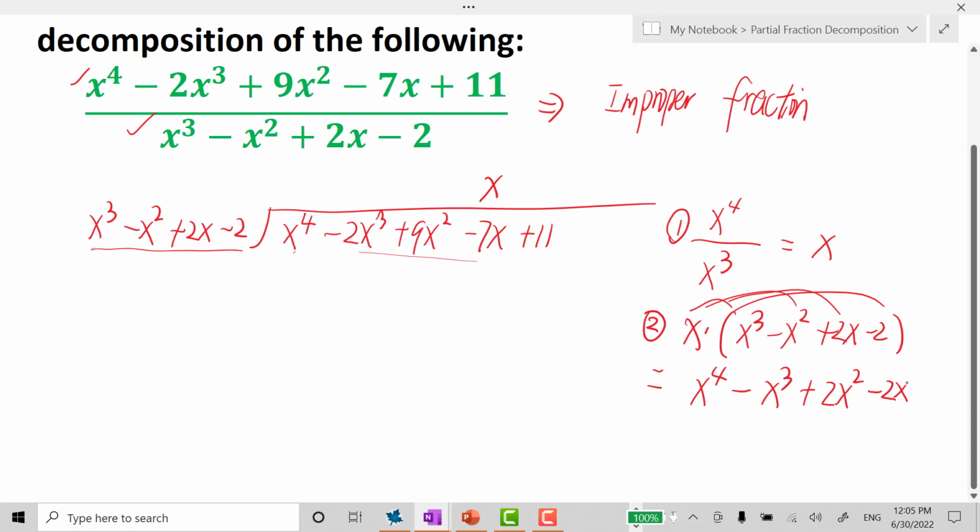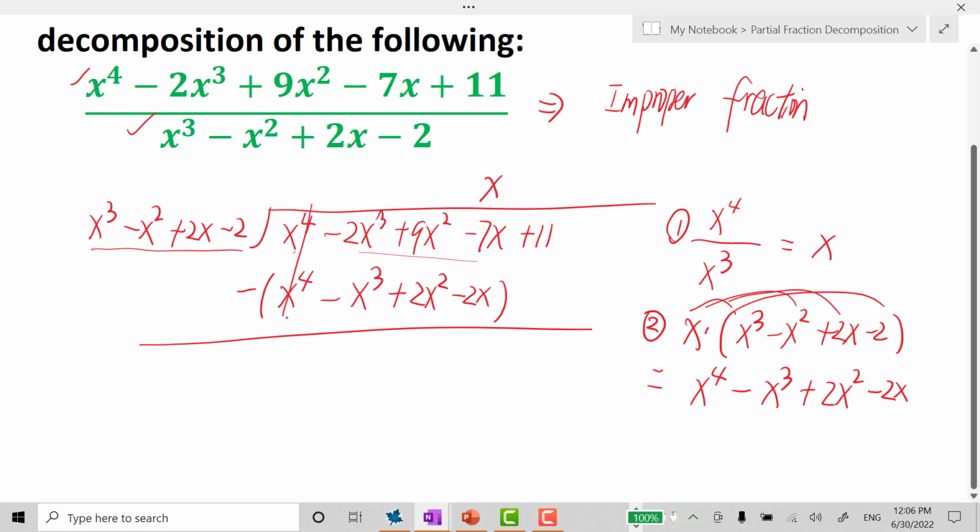Then we're going to put all those 4 terms right under the dividend, lined up by the leading term. Then we subtract it. And from there, we simplify a little bit. So x to the 4th is cancelled.